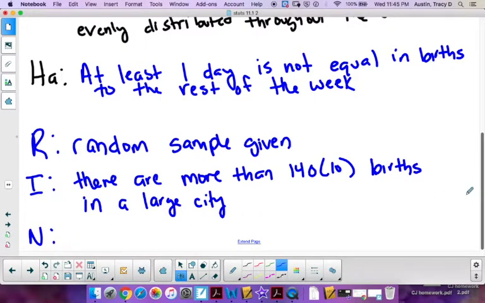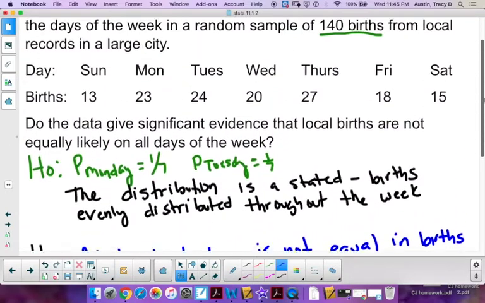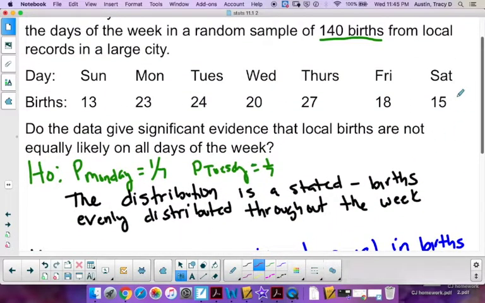Now this is where we have to go back and actually do our expected counts, okay? Now remember, these are your observed, all right? Well, if what they're saying is true, if the births are evenly distributed throughout the week, and they're looking at 140 birth records, how many should be on each day of the week? Each of them should be 20.